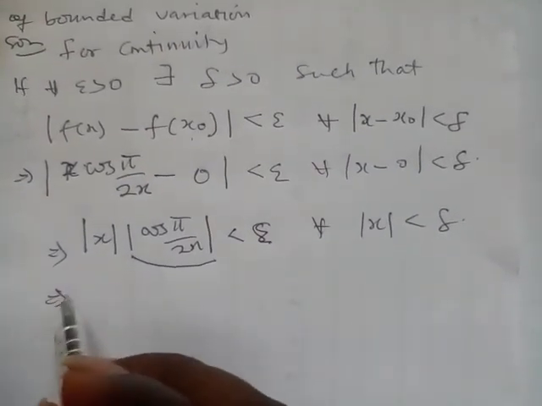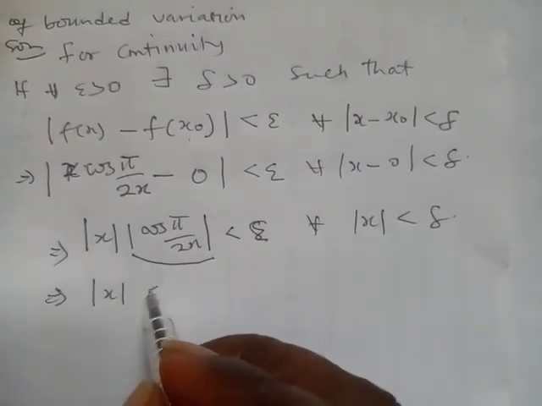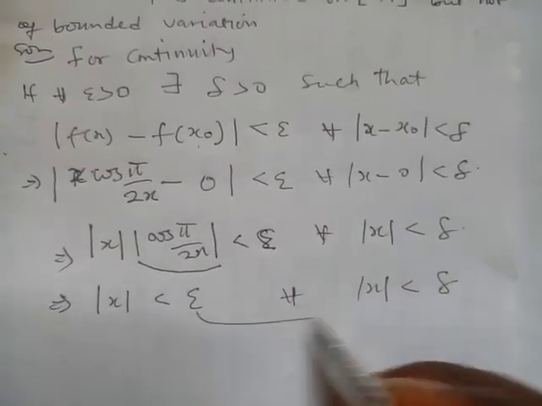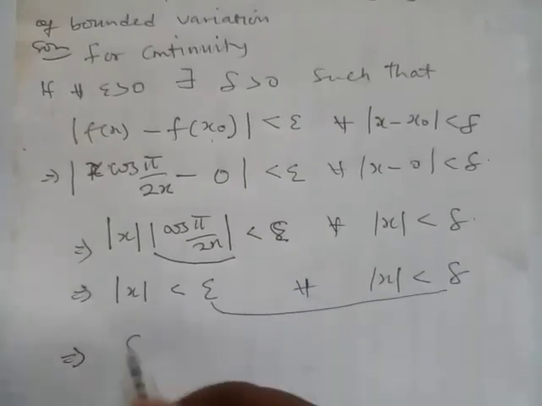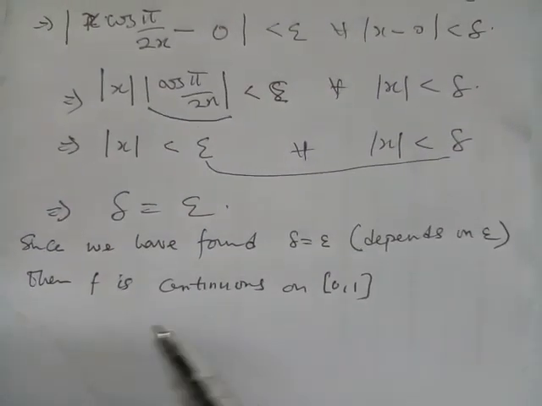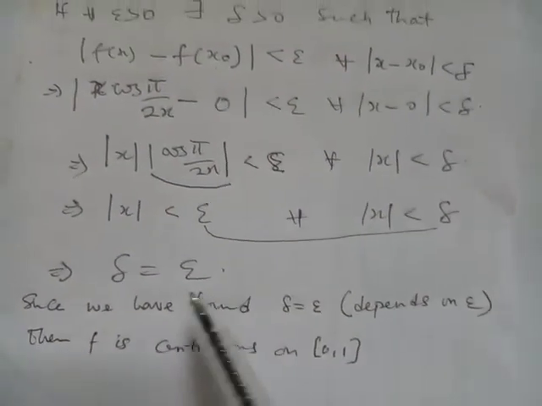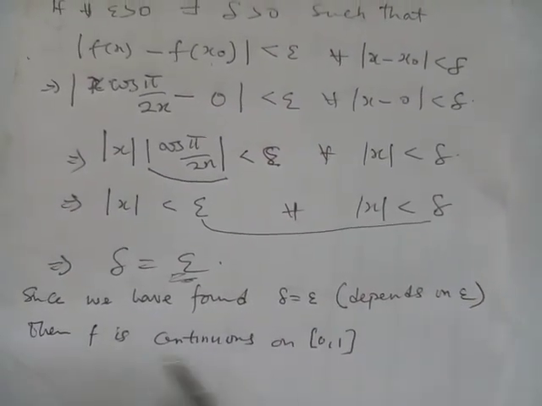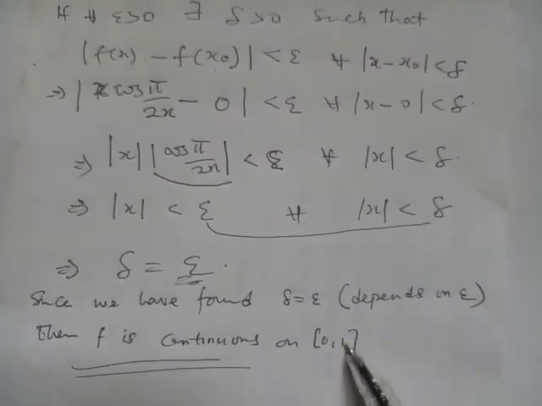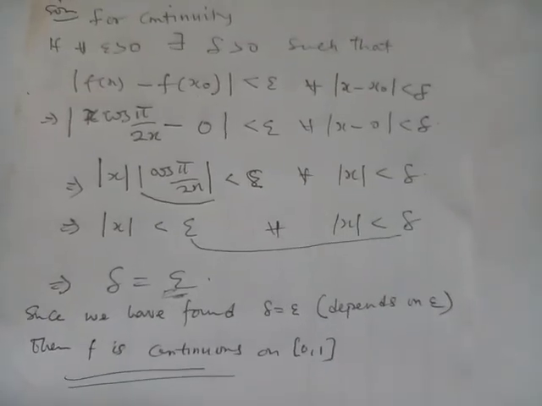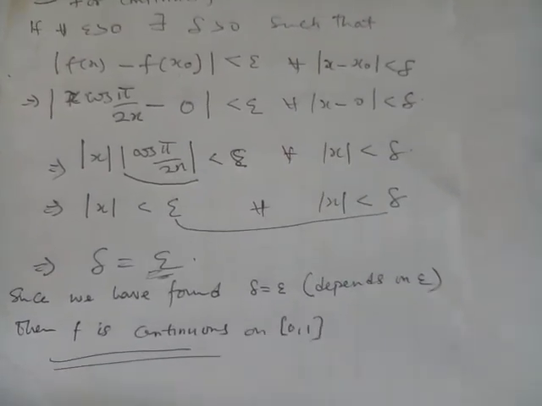So this will just be the absolute value of s is less than epsilon for all absolute value of s less than delta. If we compare both sides, you will see that delta is equal to epsilon. So we have found delta, which depends on epsilon, and we conclude that f is continuous on this interval. Suppose we are unable to find delta, then we say that it's not continuous. So let us now check for bounded variation.